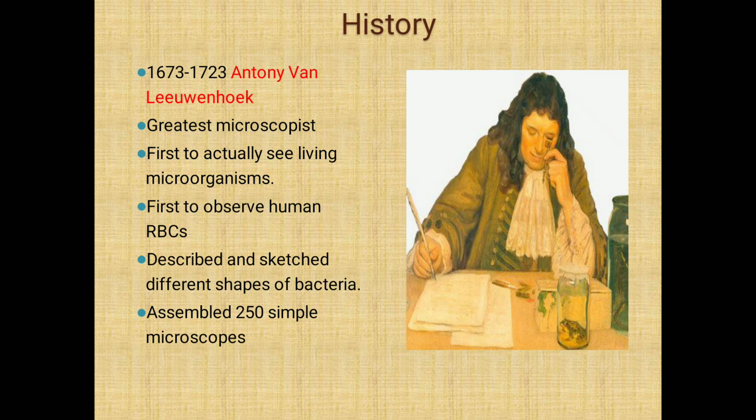Glass grinding and preparation of lenses was his hobby, and this hobby led him to assemble different 250 simple microscopes. So the contribution of Antony van Leeuwenhoek was very great, and from his discovery, the world of microscopy likely began.